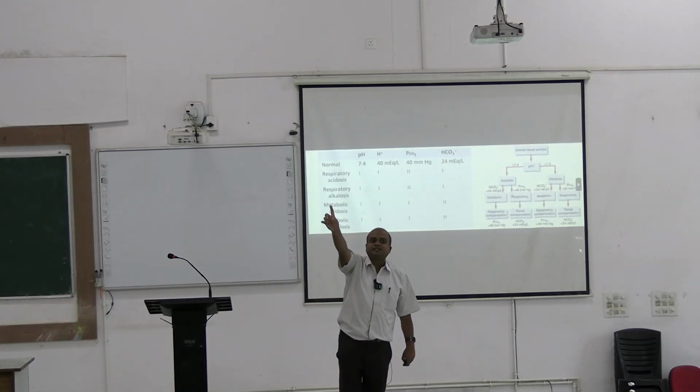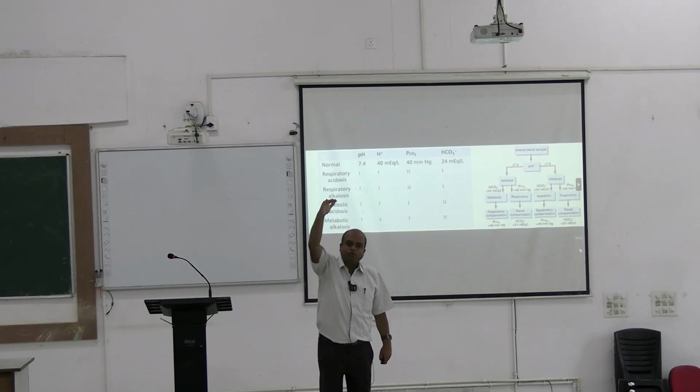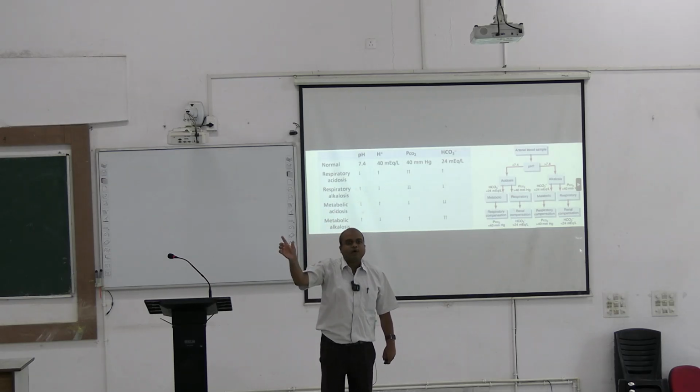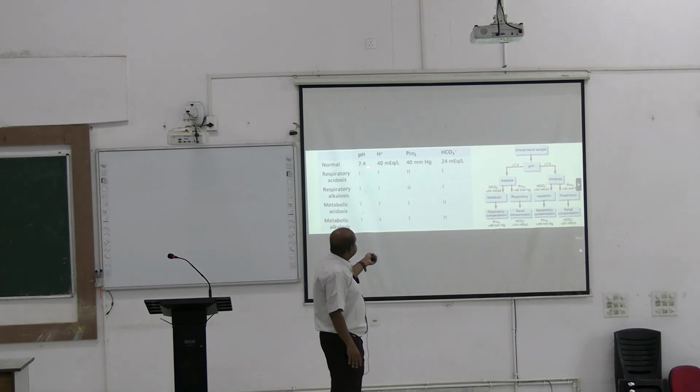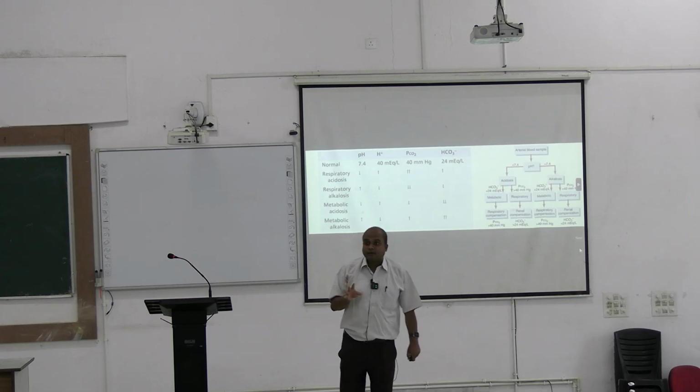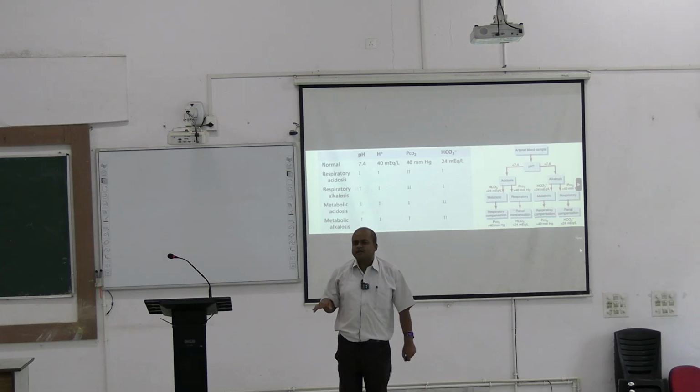If H plus is more, that is pH is lower, the data will show either that CO2 has increased or that bicarbonate is lower. So if bicarbonate is 16, that is the cause, it is metabolic acidosis.